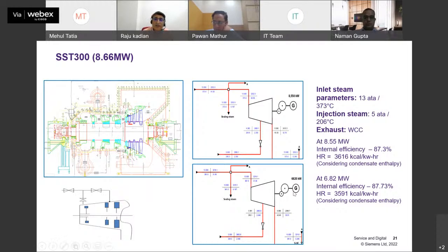What happens here is, at part load, like 6.82, steam is passing from ESP to the control valve on the front side and going to the condenser. But at the higher flow, like 8.5, maximum flow is bypassing the first stage group and going directly in after stage group 1 to the turbine.